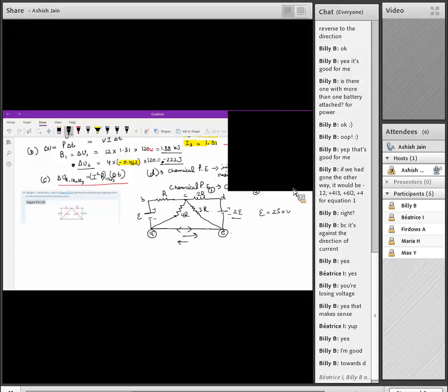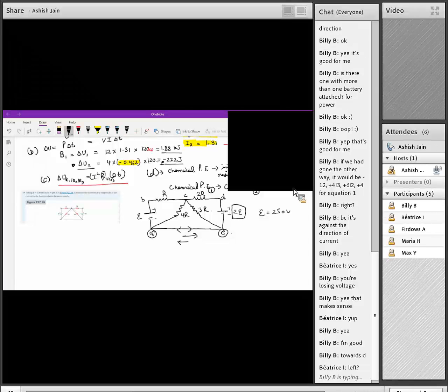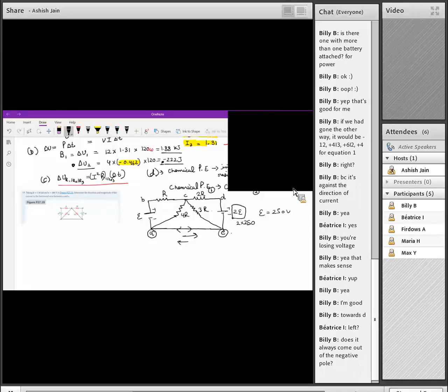Just remember this is the battery with the highest voltage, right? 2 into 250. Okay, one vote for left. Do we have any other vote? So the current goes from positive to negative.